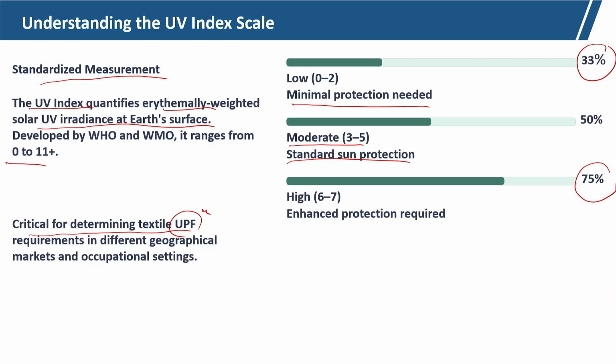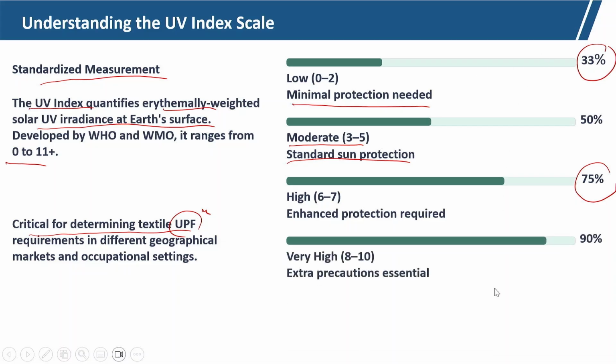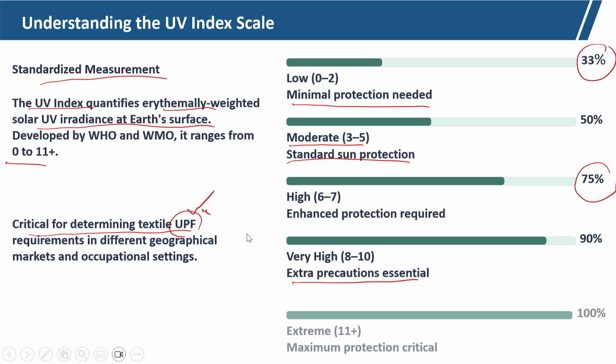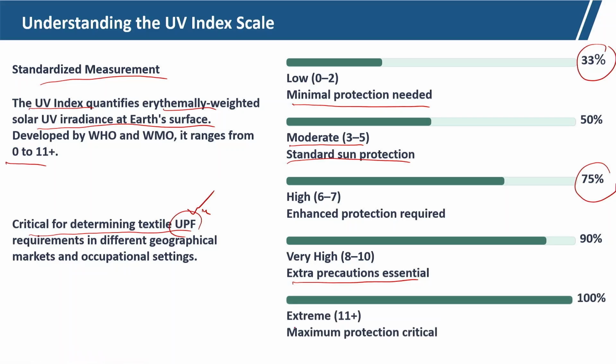Similarly, for 6 to 7 level, enhanced protection is required. So, we need a certain protective layer, and very high, 8 to 10, extra precaution is essential. We need very special protective clothing with high UPF value, and extremely high, more than 11, is an extreme condition, where maximum protection is critical.